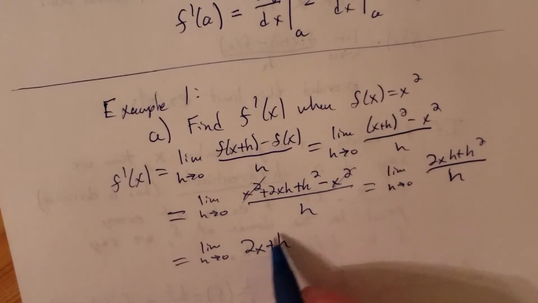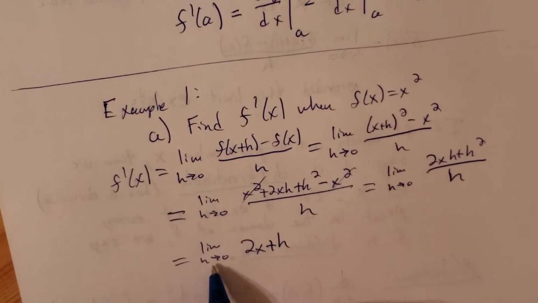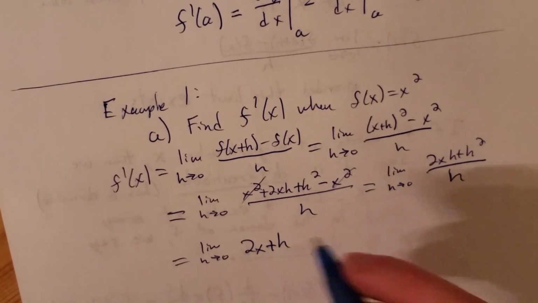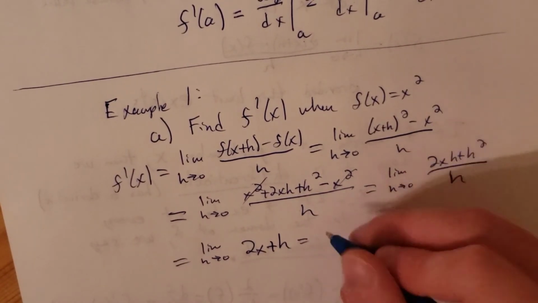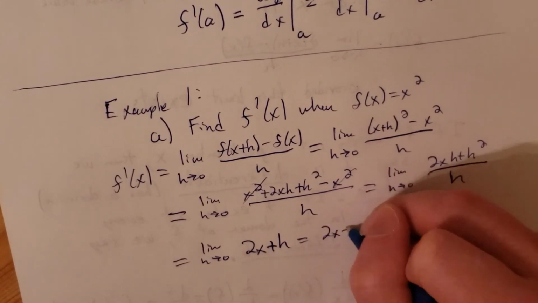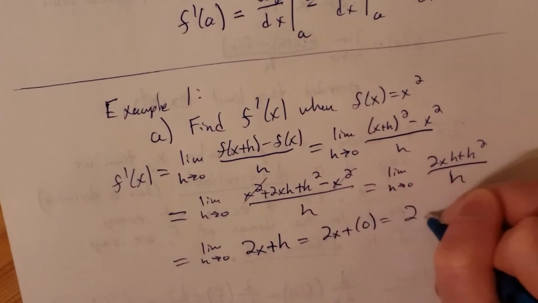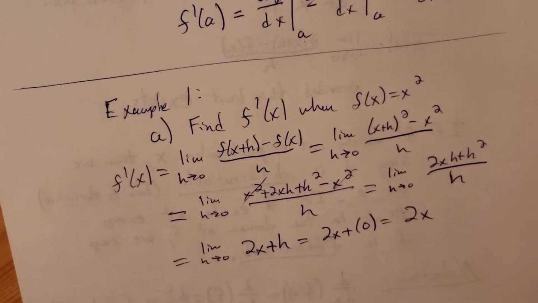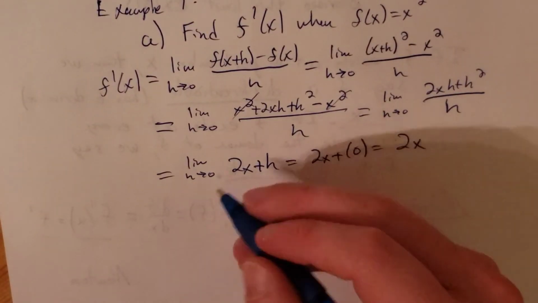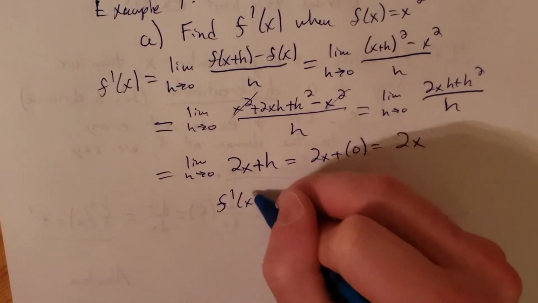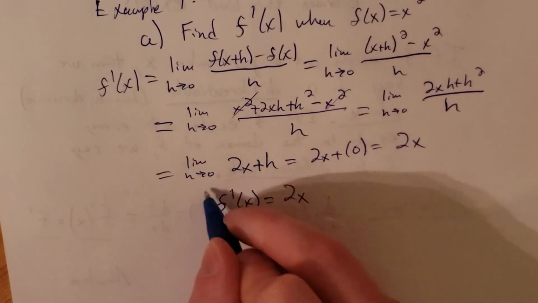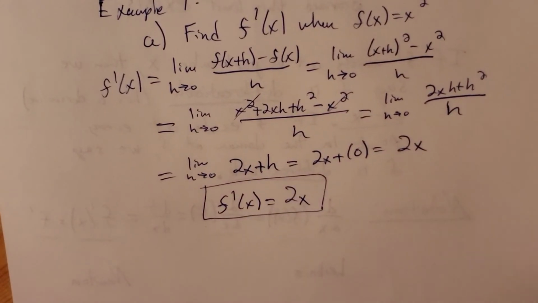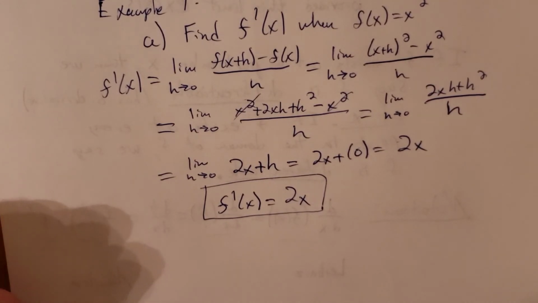Now this is a continuous function in h, so we can just plug in h equals 0 here, and we get 2x plus 0, or in other words, just 2x. So the derivative, f prime of x, is equal to the function 2x.